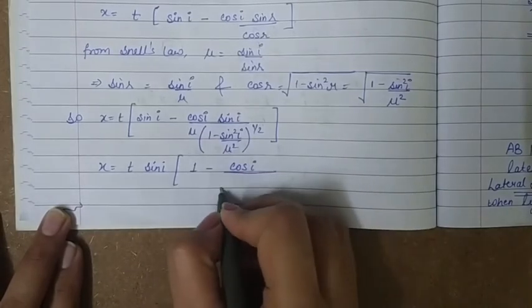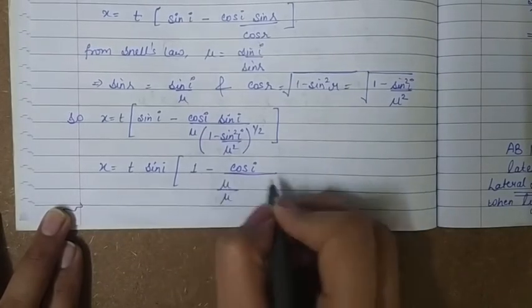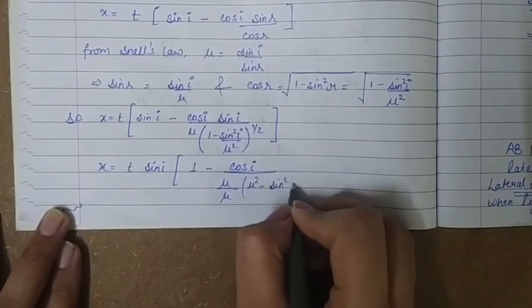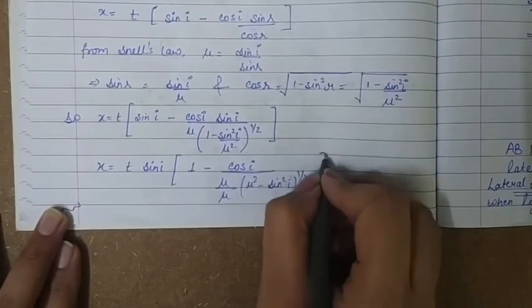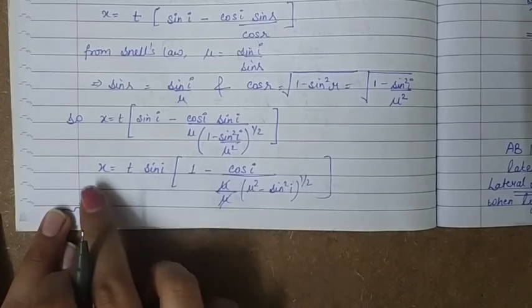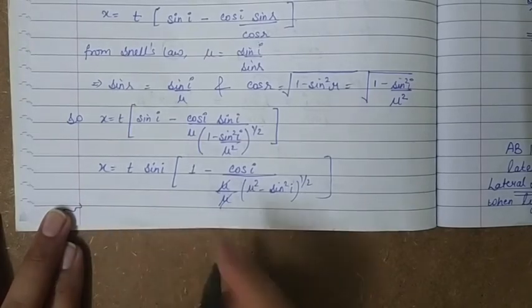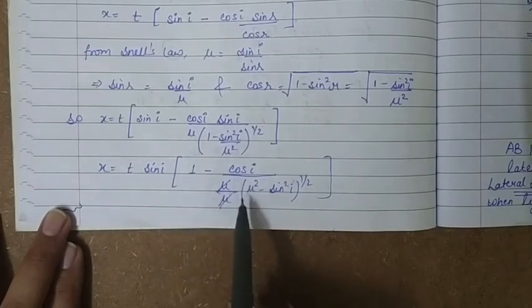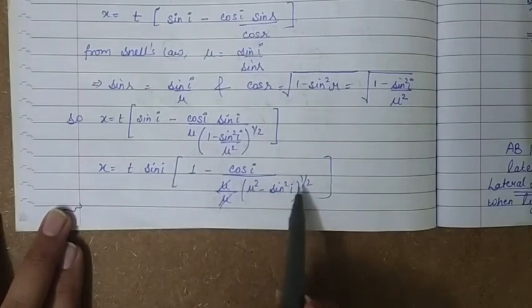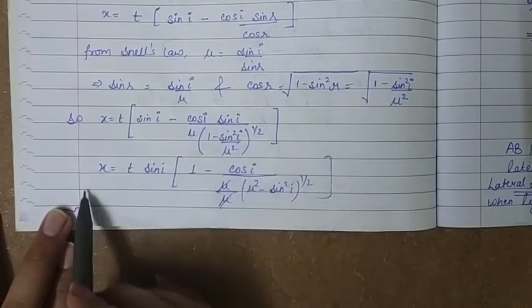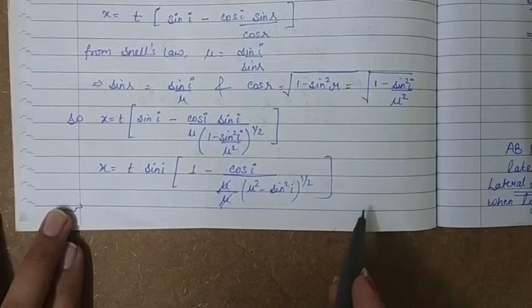So we get mu upon (mu square minus sin square I) power half, and this will cancel out. So the answer that was required will be x is equal to t sin I into (1 minus cos I upon under root mu square minus sin square I). This is the required value of x, or the lateral shift.